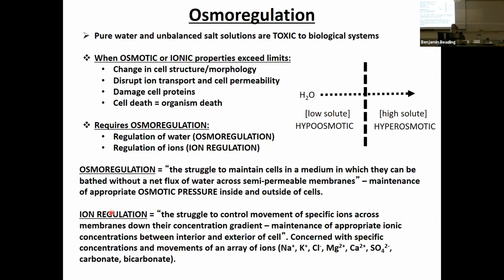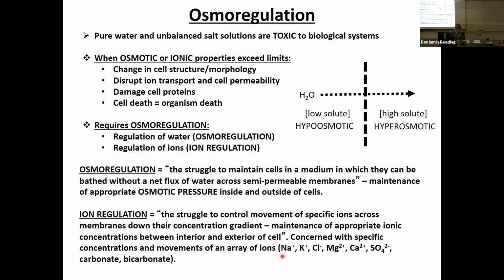Ion regulation then is defined as the struggle to control movement of specific ions across a membrane down their concentration gradient, a maintenance of appropriate ionic concentrations between the interior and the exterior part of the cell. So if this is the membrane, inside, outside. So this is primarily concerned with pumping some specific ions.